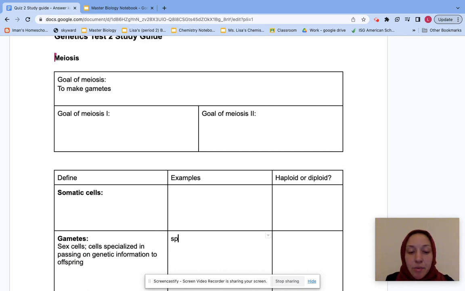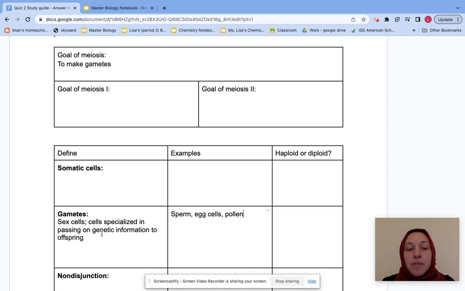Examples of gametes would be sperm or egg cells or pollen. And something interesting about gametes is that they are haploid. This means that they have one of each chromosome, or you can say one allele for each gene.